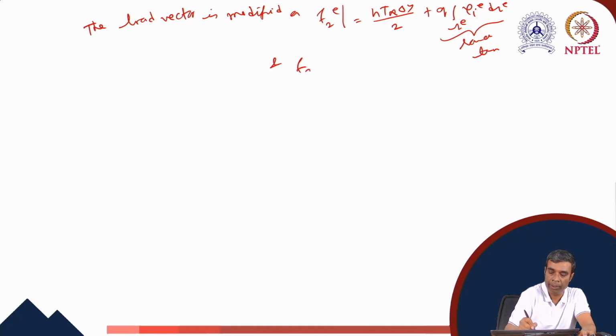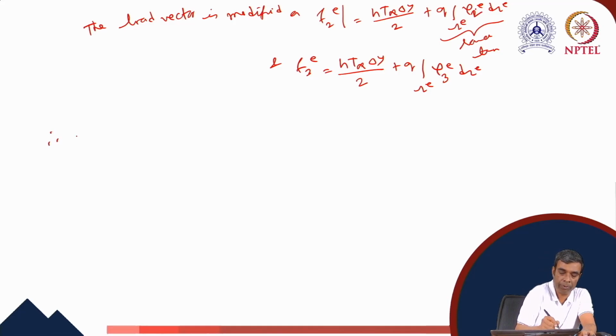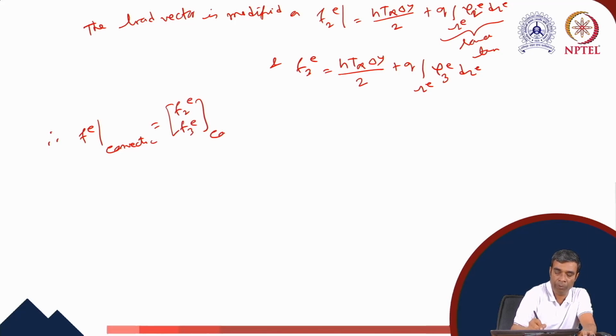And F3e equals h T infinity delta y by 2 plus q into integration over omega e of psi 3e d omega e. Therefore, Fe convection, that is F2e and F3e due to convection, equals h T infinity delta y by 2 times 1 1.